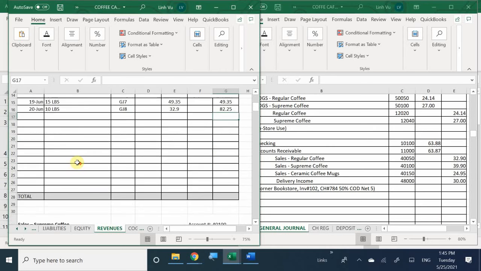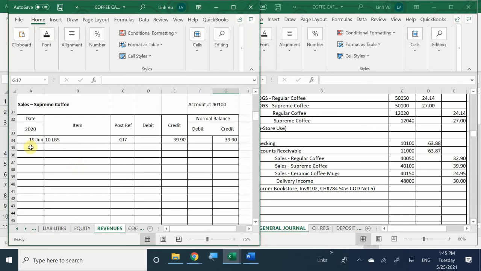Then we'll step down one to Supreme Coffee. Sold 10 pounds. GJ8 for another 39.90. Using the formula, we should be at 79.80.